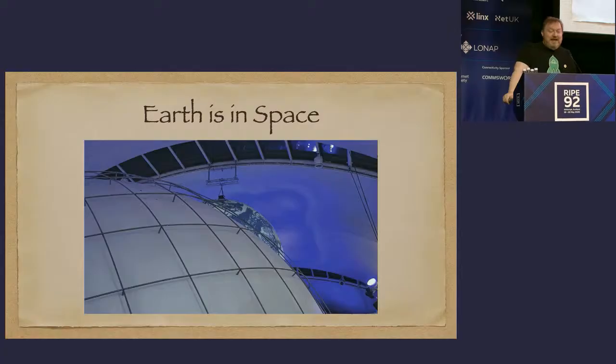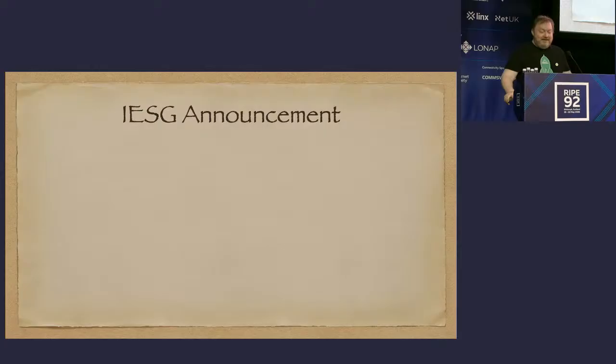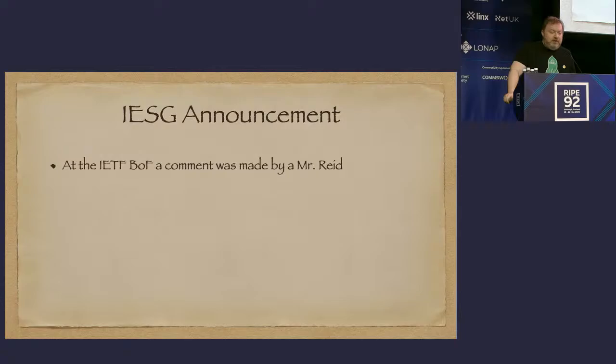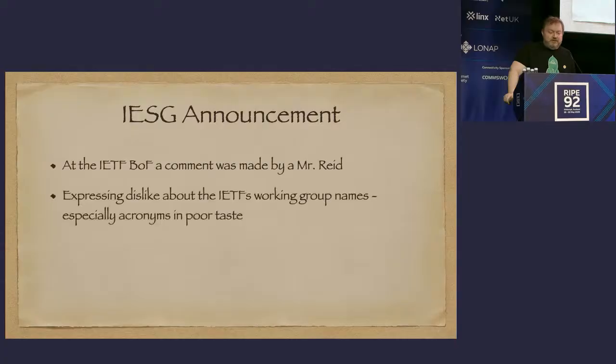What else? We had an IETF BOF on Monday night. No, Drew, you're fine. And that went, and there was some feedback to the IETF, and at the IETF BOF, a comment was made by a certain Mr. Reed, and his comment was a little bit to my surprise, and I think everyone in the room was surprised, not so much about the content, but the dislike of the IETF's working group names, especially the poor taste in acronyms.